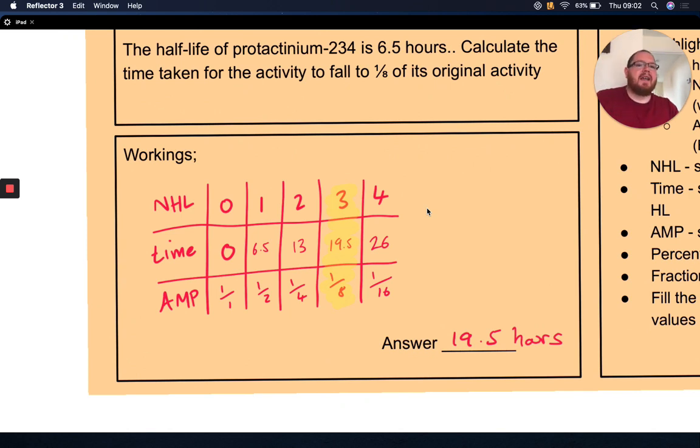Hopefully you've got that. If not, go back and have a look, or have a look at some other methods on YouTube of how people calculate half-life. But the table is quite rare. So we used to call it the Timo table, okay? The Timothy table, because I didn't invent it, but I saw someone actually do this, not on a video, but work through it.